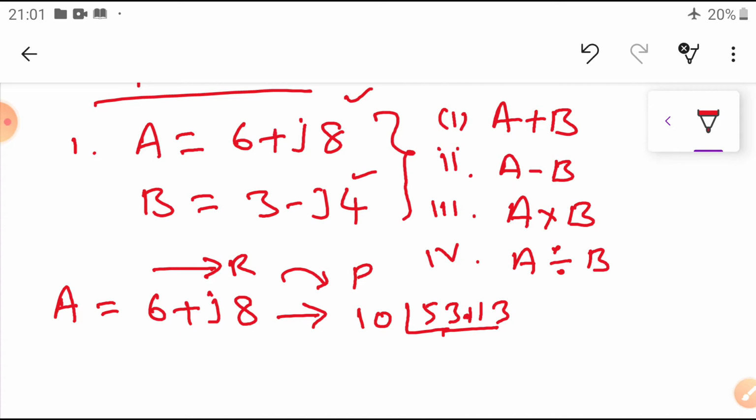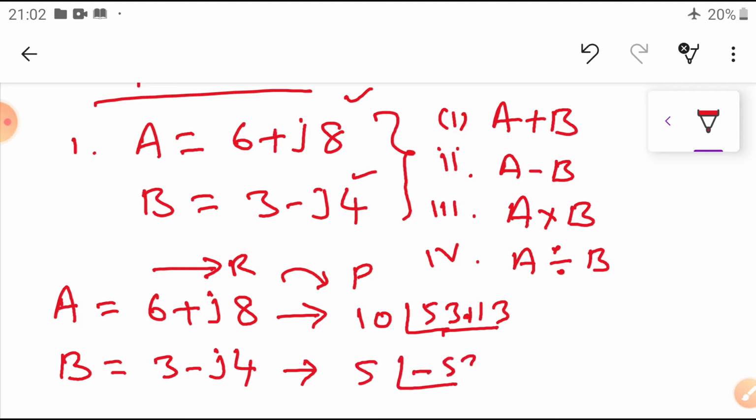Now B also, better to convert. Like vegetables taken from the market, first you process them and make them clean for the kitchen work. So B is given as 3 minus j4. Converting from rectangular to polar, I get 5 at an angle of minus 53.13.